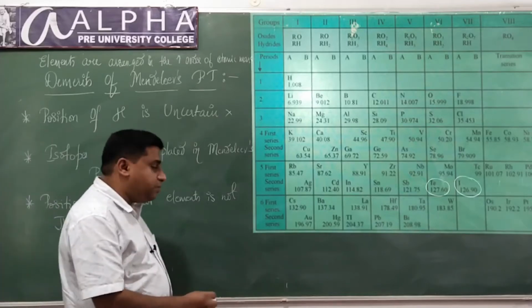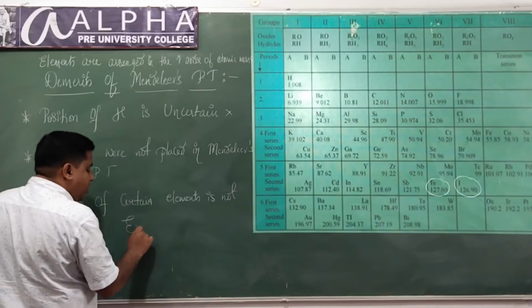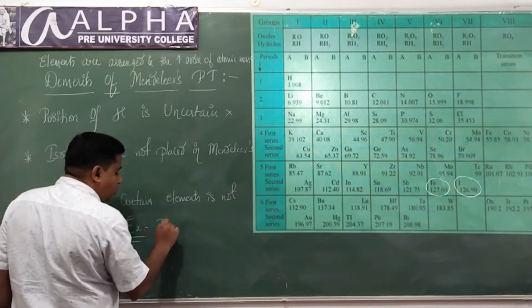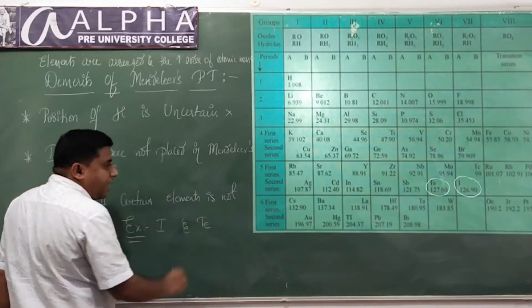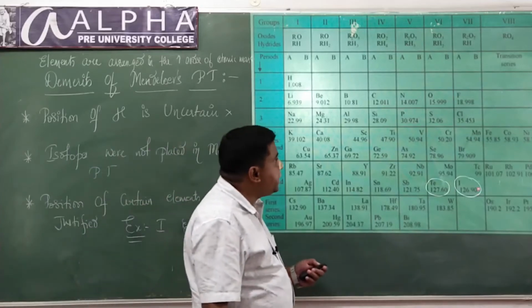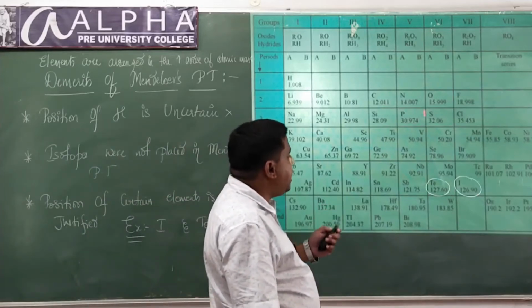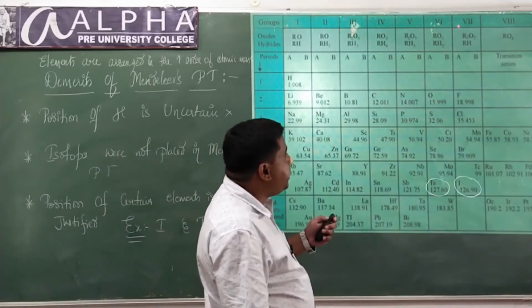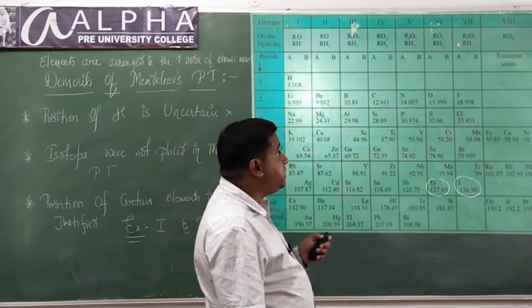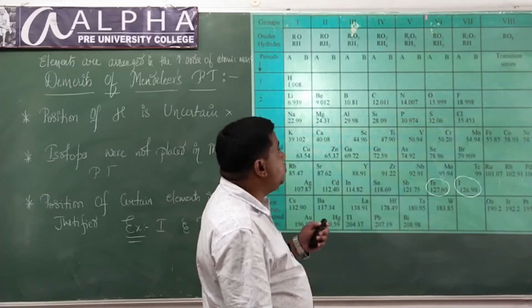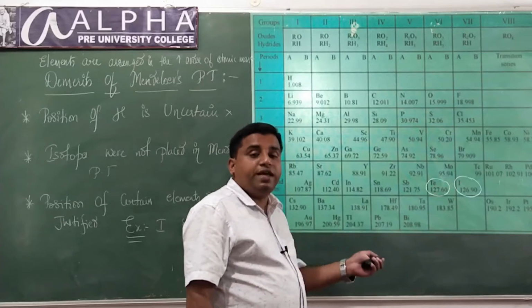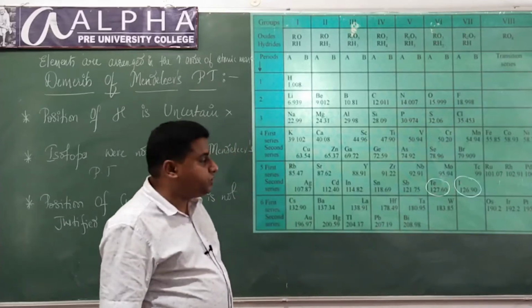The best example is iodine and tellurium. Actually, iodine should come under the 6th group and tellurium under the 7th group, but iodine is placed under the 7th group, whereas tellurium is placed in the 6th group. Why is this? No proper justification was given.